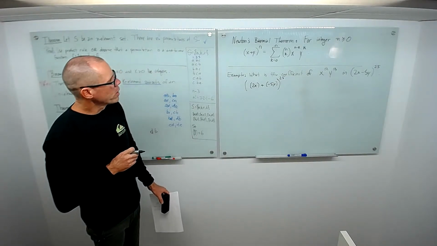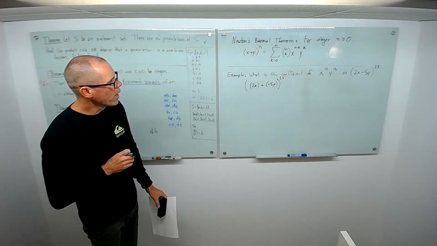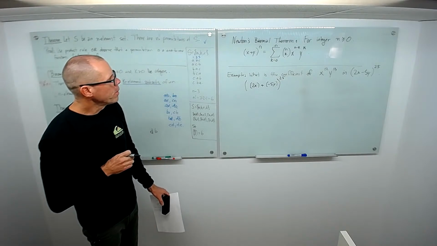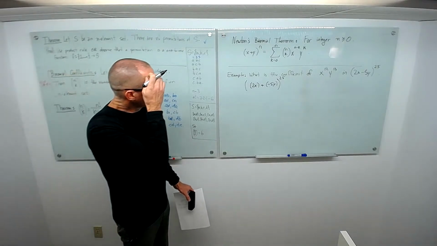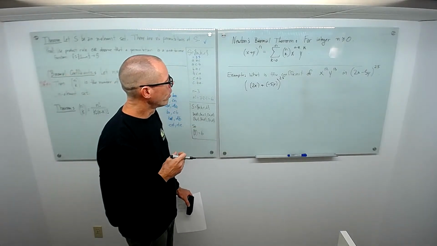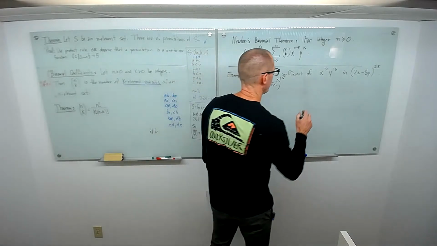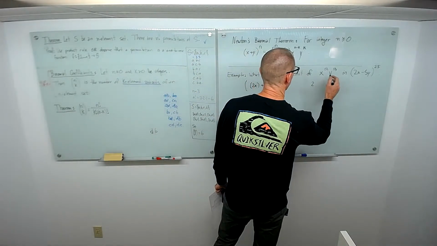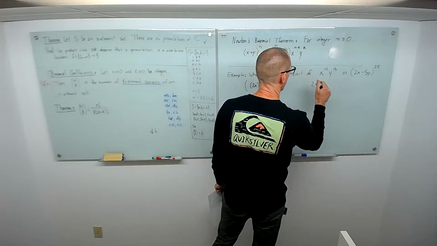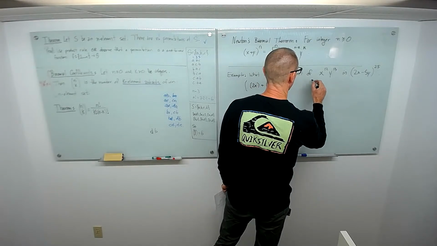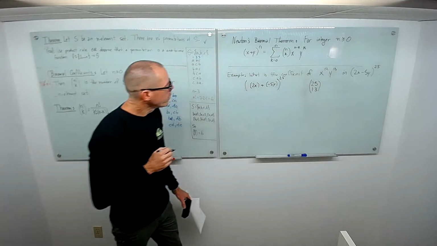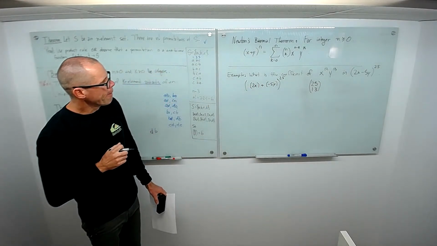And the question asks, what's the coefficient of x to the 12, y to the 13? So that means we want y to the 13. So we're going to be looking for this thing, there's going to be 25 choose 13. That's going to show up in there.